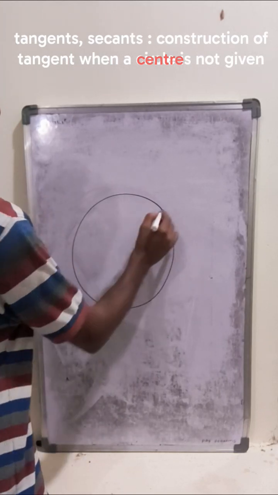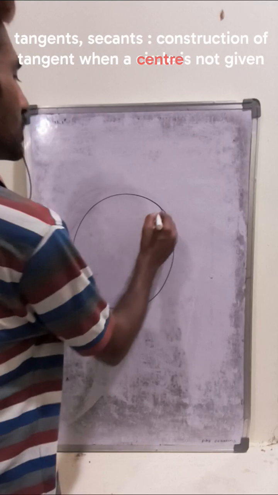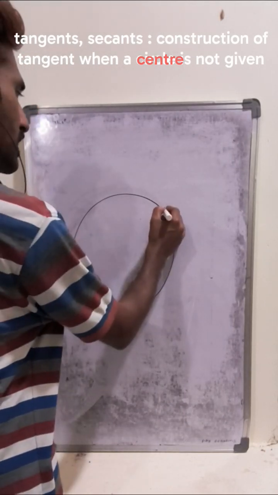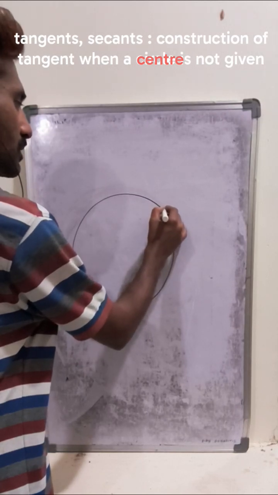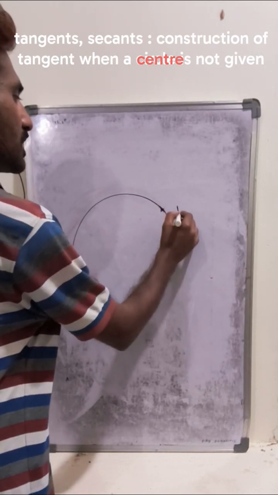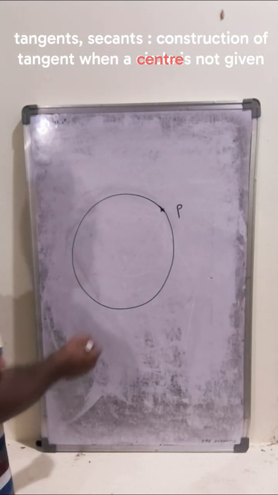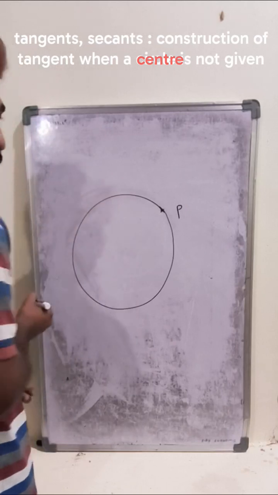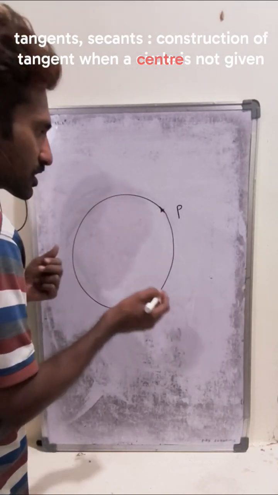So this is one circle. We don't know the center, but still we wanted to construct a tangent. So let us take a point. At this point we wanted to construct a tangent. So how to construct it? First, this is the point of contact for the tangent if you construct it, but we did not construct it.